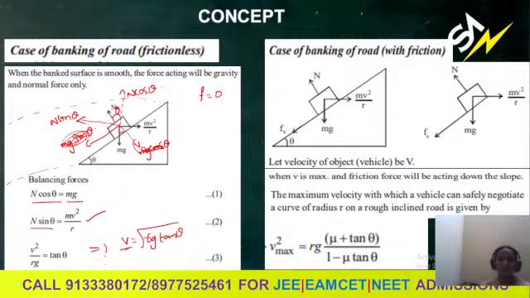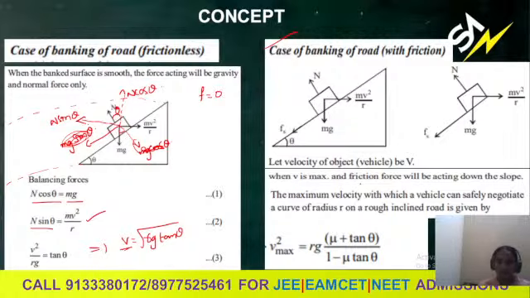On smooth roads where there is no friction, with this speed, it can tear the parts of the vehicle. Now, the case of banking of road with friction. We can observe in this diagram, let the velocity of the vehicle be v.